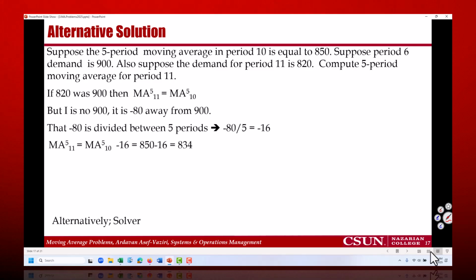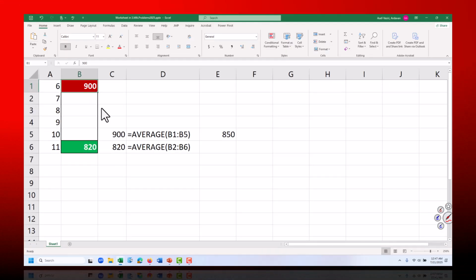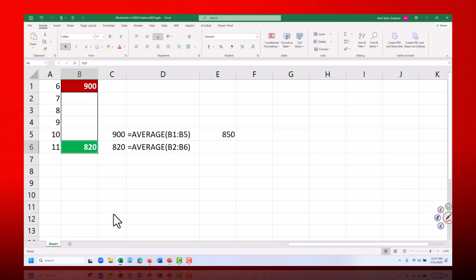We can also use Solver to solve this problem. We know that in month 6, demand was 900. In month 11, demand was 820.